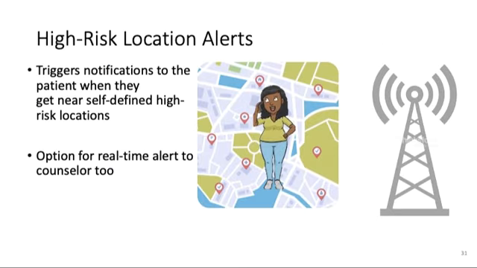This mobile app also allows the patient, if they choose to do so, to enter into the system, using GPS, some high-risk location alerts. It's kind of like a geofence around certain areas that they consider to be high-risk locations. For instance, it might be the corner bar. That might be where they always went when they were ready to unwind and left six hours later totally inebriated. It might also be the place where they bought their cocaine.